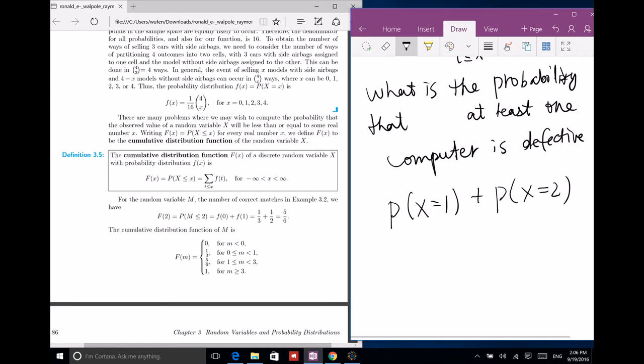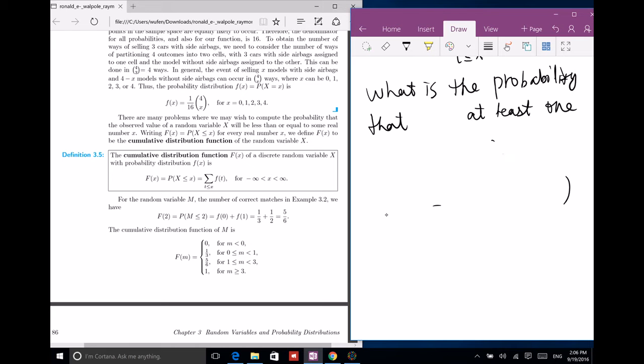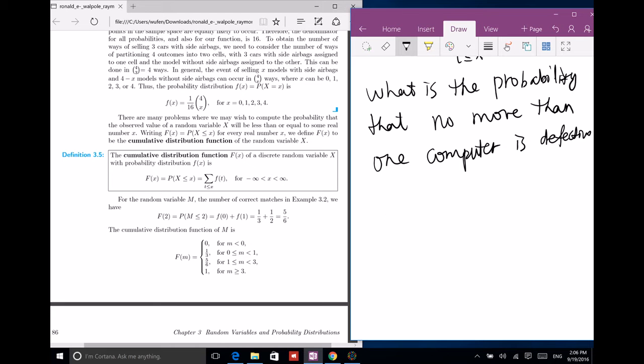Then I can also change the problem a little bit more. What is the probability that no more than one computer is defective? That means P of X less than or equal to 1, and then you have P of x equals 0, none of the computers is defective, plus P of x equals 1, one computer is defective.